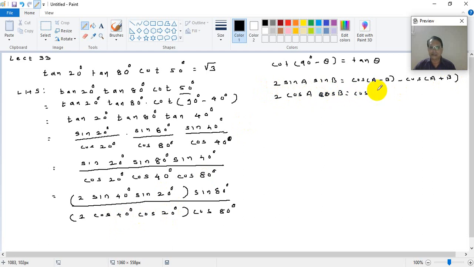It is cos of A plus B plus cos of A minus B.